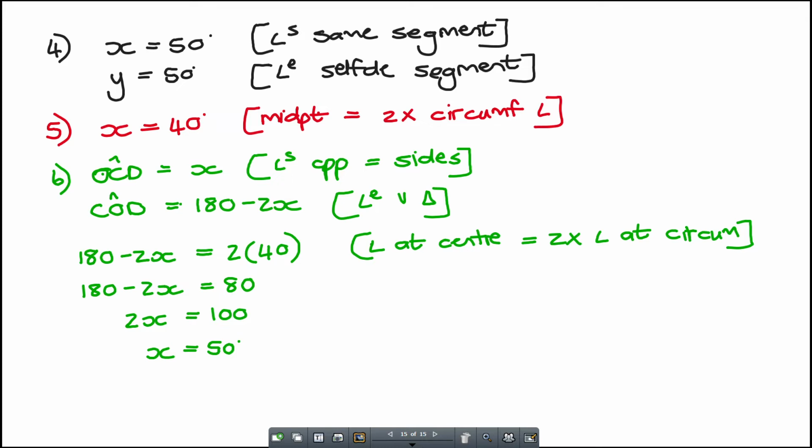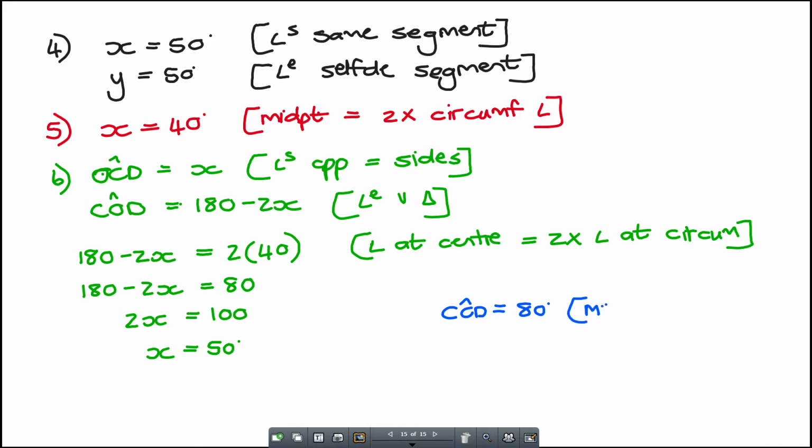Is daai vir julle die makliker enetjie? Okay, kyk gou what he did. It's the same thing, nee? What he did is he first worked out the midpoint angle. So hy het gesê COD, miskien moet ek hierso vir jou skryf. COD, he said was 80.